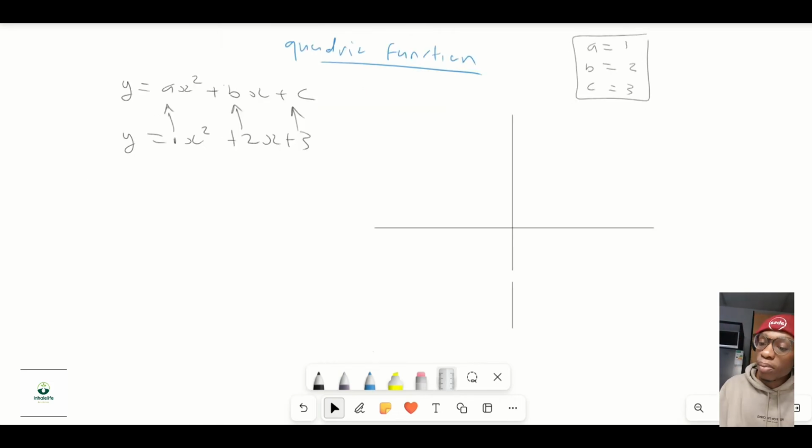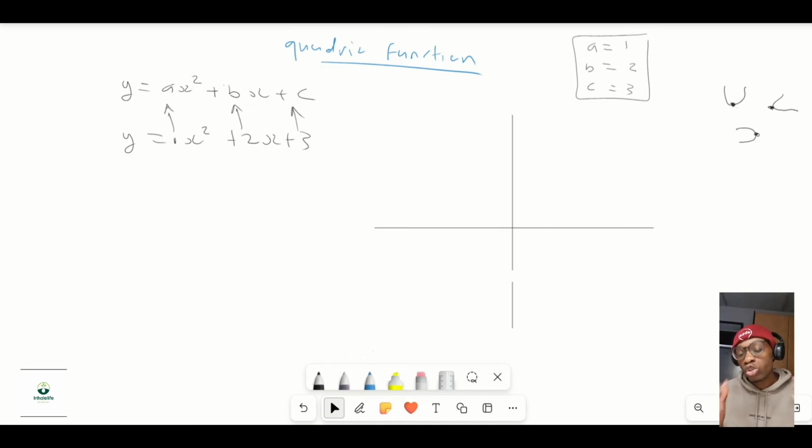Remember, a quadratic function has something we call a vertex, which is a turning point. A quadratic function can look like this, it can be like this, it can be like this. It has what we call a turning point. Most of the time, the turning point is located here. Before doing anything, you have to calculate your turning point.